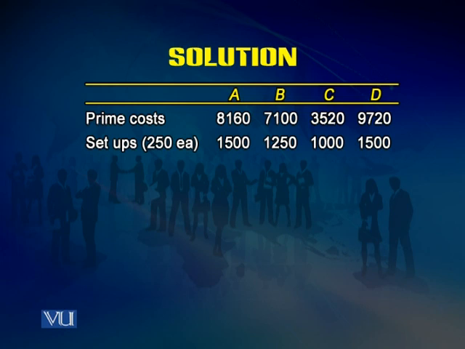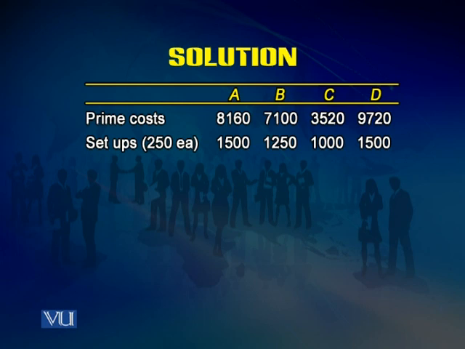For setups, the cost driver rate established is 250. Setups is the number of production runs, and we can see that for 120 units, at 20 units for each production run, there are going to be 6 production runs.